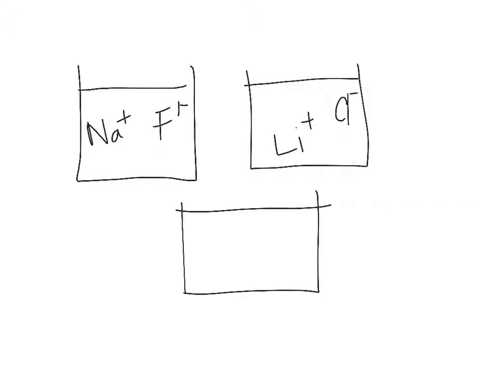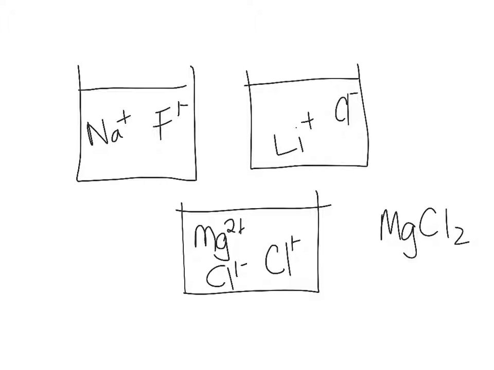Like you have 2 pluses, and then magnesium 2+, and then chlorine 1. Oh no, it'd be the other way, right? Chlorine stays 1-. That doesn't change. But you need another one, because the formula for magnesium chloride is MgCl2. Are you okay with that?